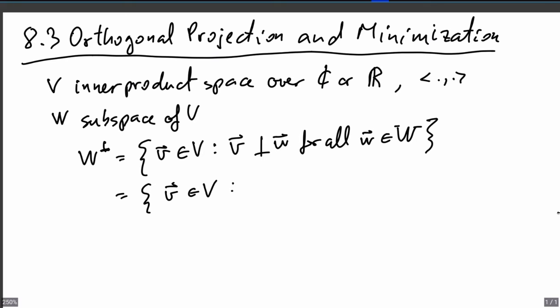And of course the orthogonality comes from the inner product being equal to 0 for all w.